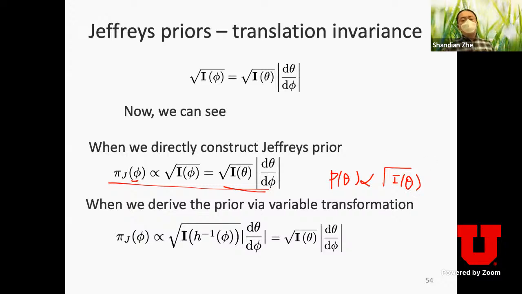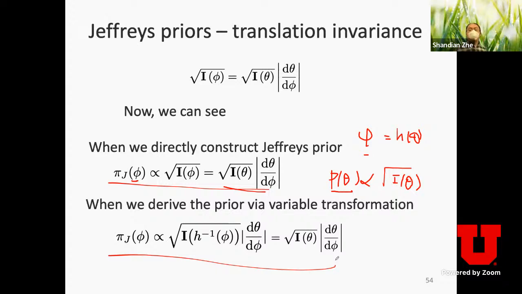Then I define my phi as a transformation of theta, phi equals h of theta. According to the prior of theta, we can use random variable transformation to get the density of phi. If you just apply the formula we used before, it will give the same form.